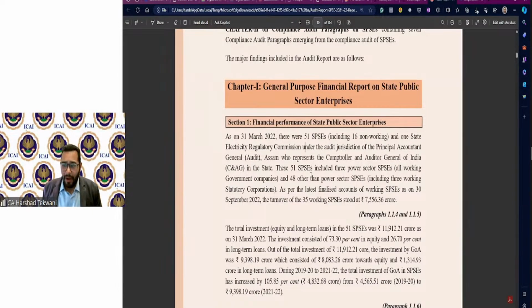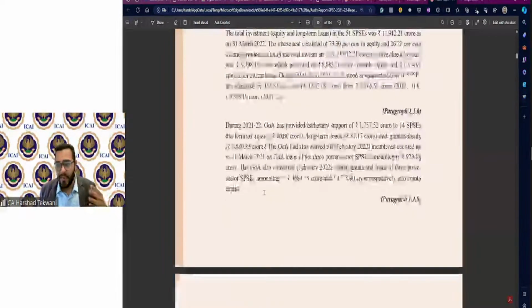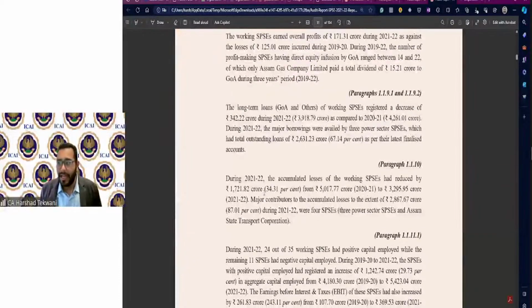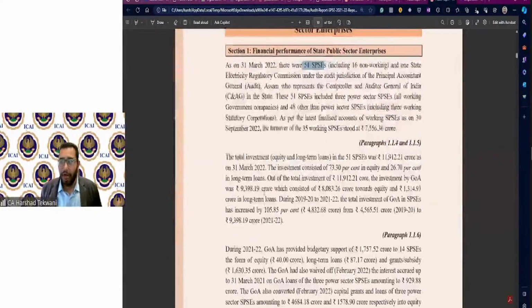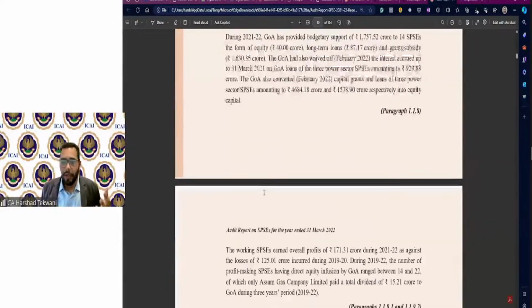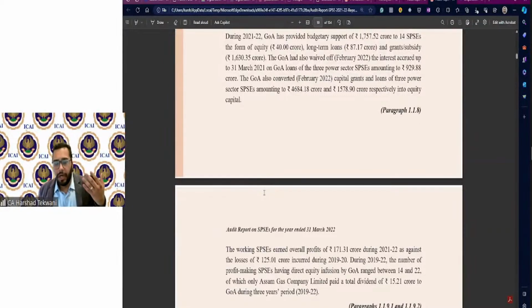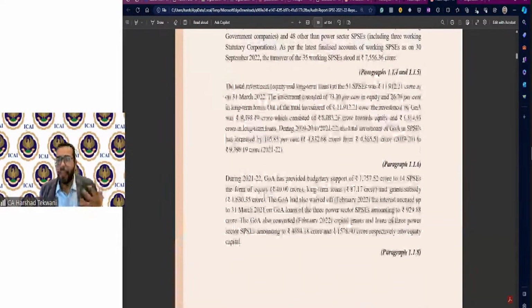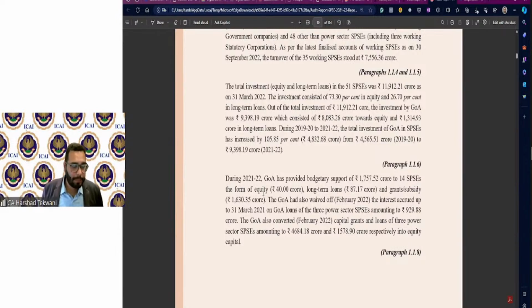Now these many were audited, and if I talk about 51, then 51 different chartered accountants, or maybe the same ones, were appointed, and they audited all these entities. They audited in such a way that it provided the required detail, or it was drafted in that way so that CAG could use that report to form his own report here.